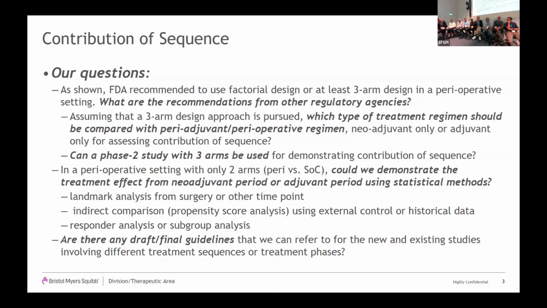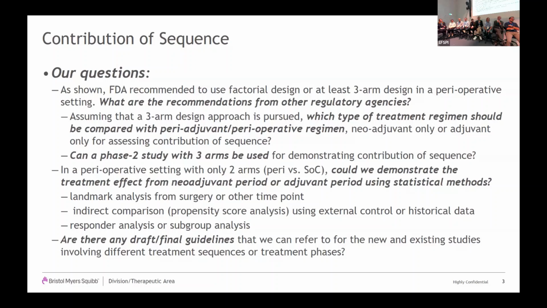Maybe I can try to make a start, but I'm not sure whether I can answer all the questions, honestly. I maybe have to say that oftentimes we only see the 2-arm trial, unfortunately. That makes it quite hard to assess the contribution, as you've mentioned and FDA has mentioned, of the separate phases. So I think any approach to try to tackle this is helpful.